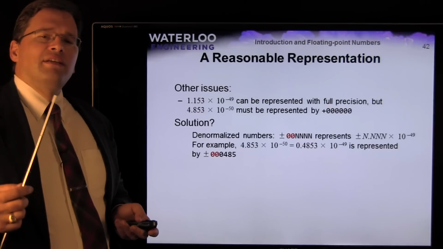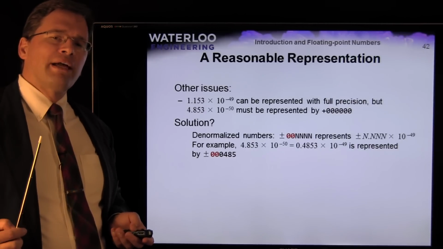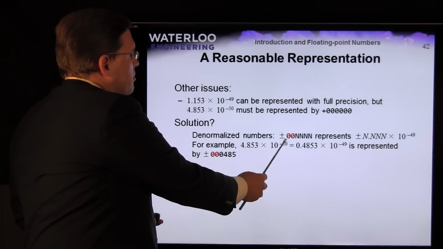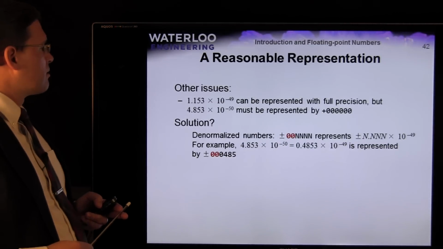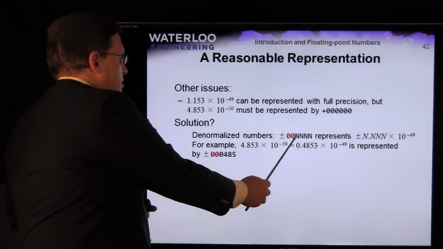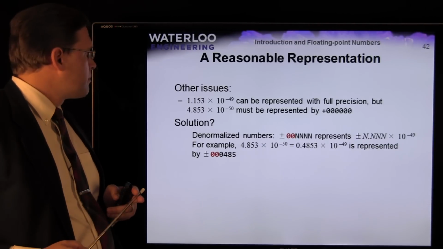So what we can do to fix this problem is introduce something called denormalized numbers. In the special case where 0, 0 is the exponent, then we can actually allow the next digit to be also 0.